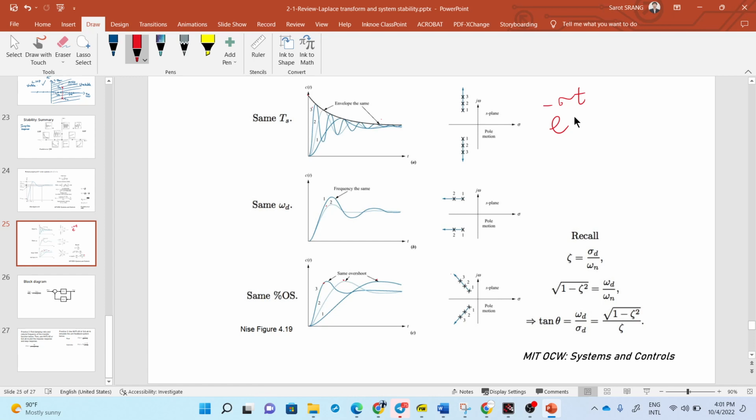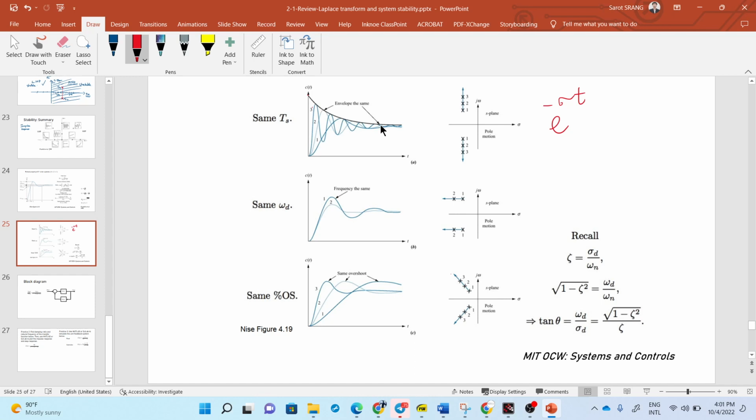Do you have any question? On the previous slide, why is the rise time from 10% to 90%? It's just terminology.